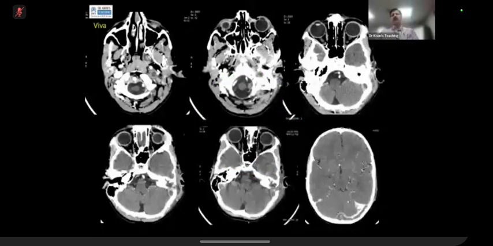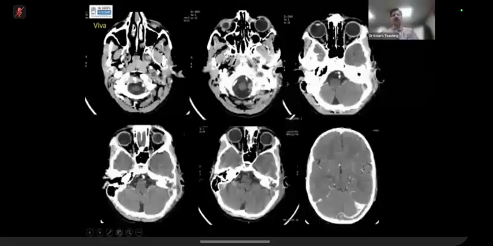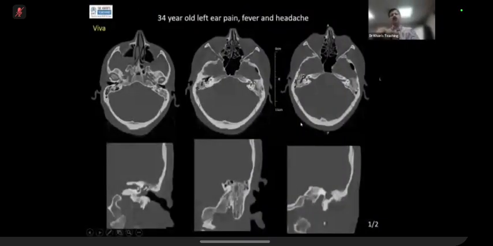You can see this filling defect here. So there is transverse sinus thrombosis. This is the jugular vein, and this is the jugular vein, and this is an extension of the same thrombus, which is extending into the jugular vein in the carotid sheath. So this is just an example of a complication.